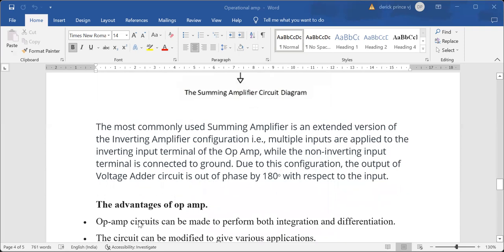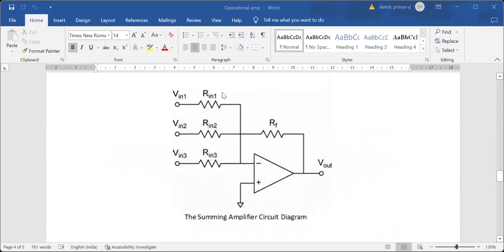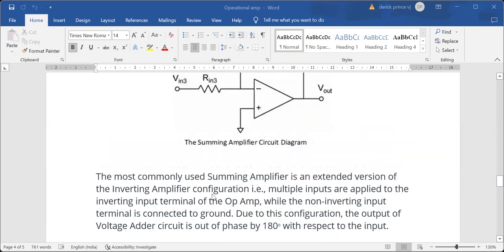Due to this configuration, the output of the voltage adder circuit is out of phase by 180 degrees. All the voltages will be added and the output will be an amplified output, out of phase by 180 degrees. That is called a summing amplifier.